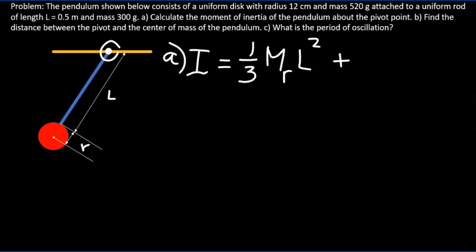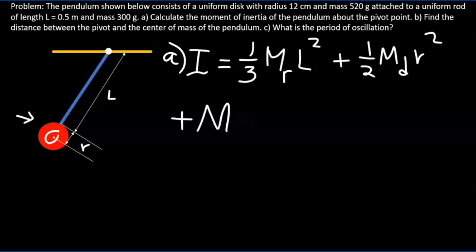Now the uniform disc. The moment of inertia of a uniform disc about that axis, which is there, is given by the moment of inertia of that disc about an axis through the center of mass, and that is given simply by half the mass of the disc times the square of the radius, plus the mass of the disc times the square of the distance between the center of mass and the rotation axis.